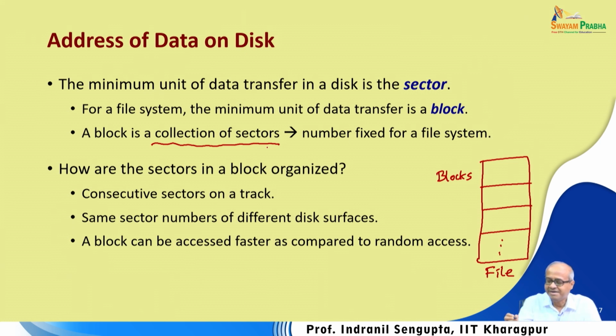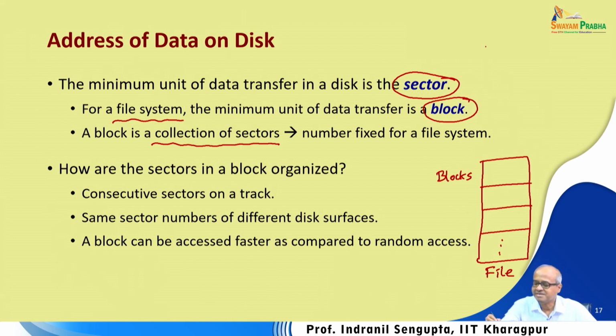So, in a disk, the lowest level data transfer unit is the sector, but for a file system, the smallest unit of data transfer is a block. And as I said, a block size will be equal to some number n multiplied by the sector size. The value of n can be decided at the time you are creating the file system, that is, how big you want the block to be. Okay.